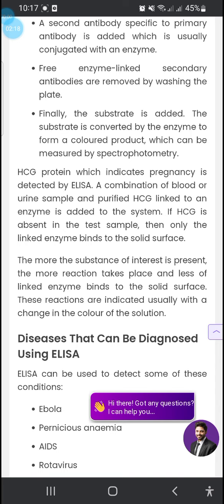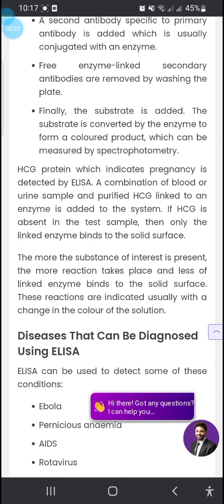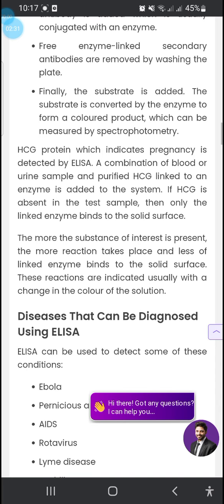The more the substance of interest is present, the more reaction takes place, and less of the linked enzyme binds to the solid surface. These reactions are usually indicated with a change in the color of the solution.